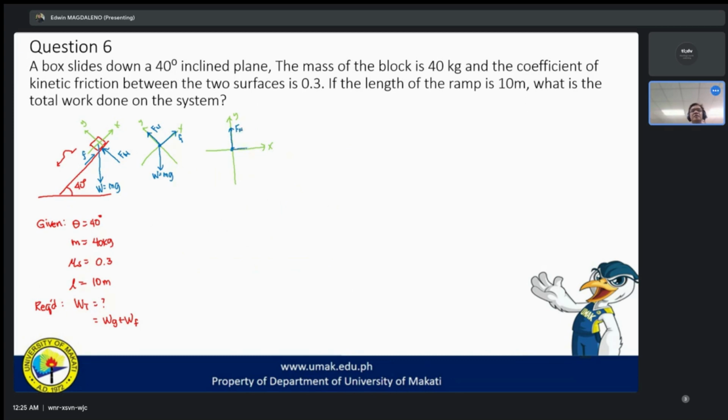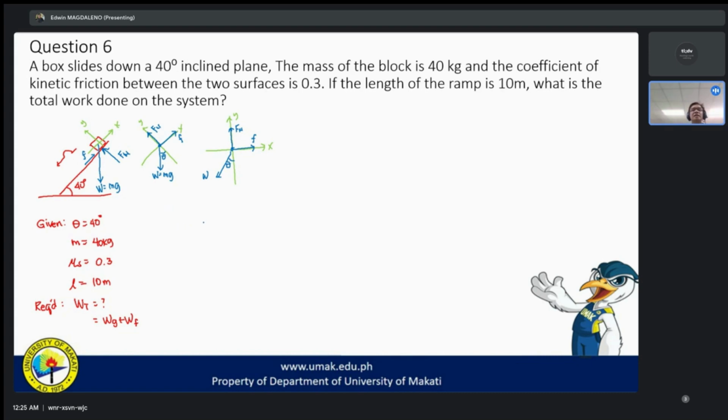Frictional force going to the positive x-axis and weight, which is equal to mass times gravity. So 40 degrees theta, which will also give theta over here. That means we have here theta, which is moving away from the negative y-axis.